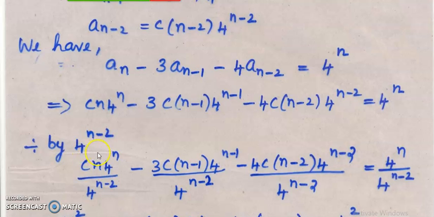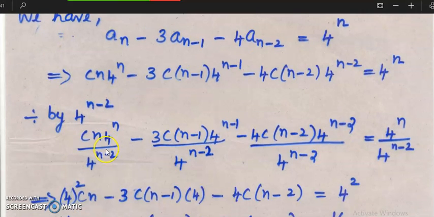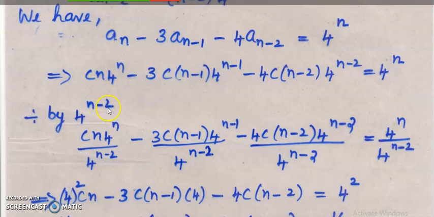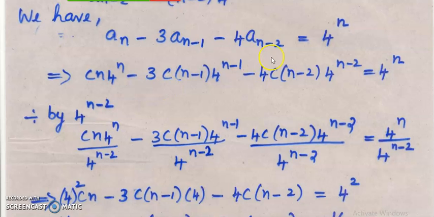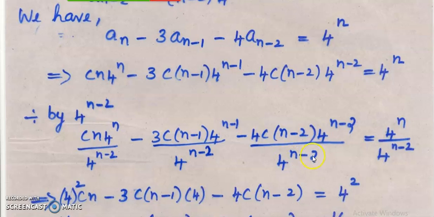Now we divide by 4 power (n minus 2). Why? We have to find the constant c, so to find it we divide each and every term by the least power, 4 power (n minus 2).